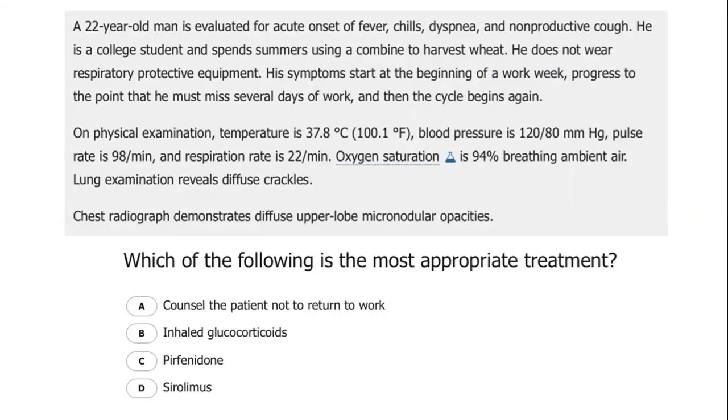So here's a question. I am going to let you read it to yourselves, and then we will talk about it.